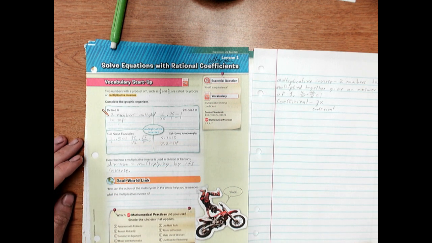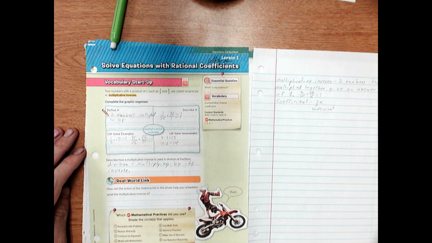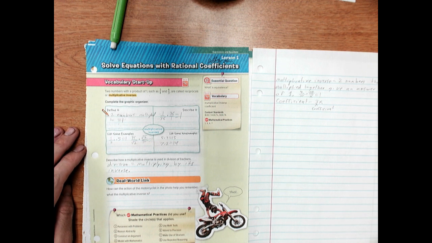Real world link. How can the action of the motorcyclist in the photo help you remember what a multiplicative inverse is? I don't know.